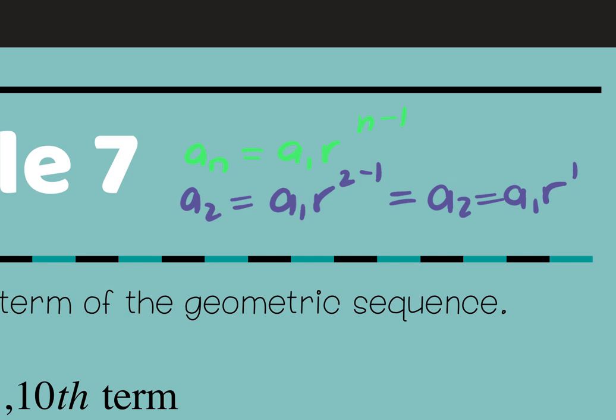I want you to watch for this pattern. If I wanted to find a_3, it would be a_1 times r to the 3 minus 1, and that becomes a_1 times r to the 2nd. So in every single scenario, the exponent on the r plus the index on the initial term have to equal the index of what you're trying to find.